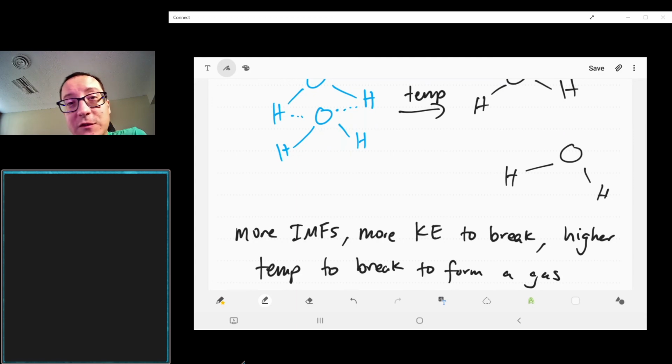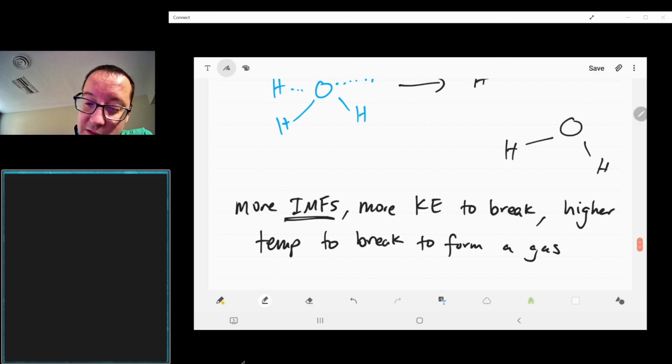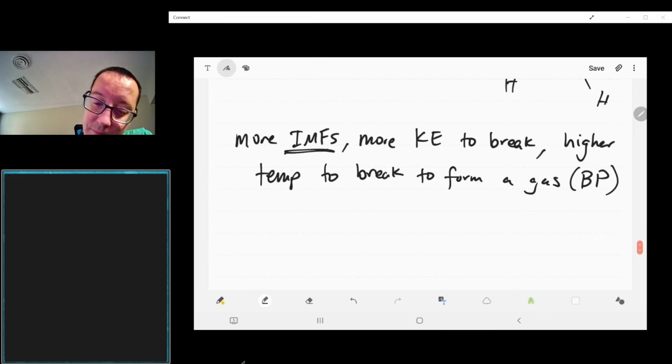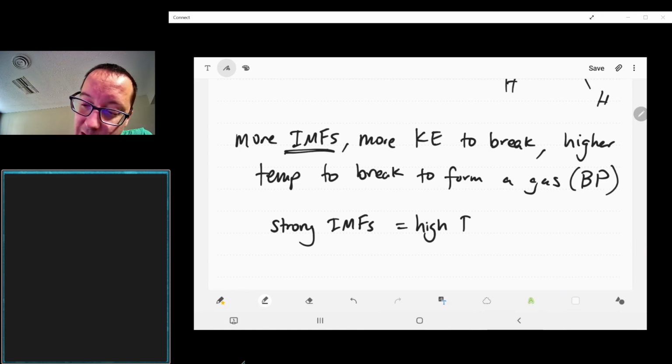Remember that the force of interaction depends on how close they are. So if they're super far apart, they're not going to be interacting very well. So this is the idea here. The stronger your intermolecular forces are, the higher your boiling point will be. So strong IMFs means high boiling point.